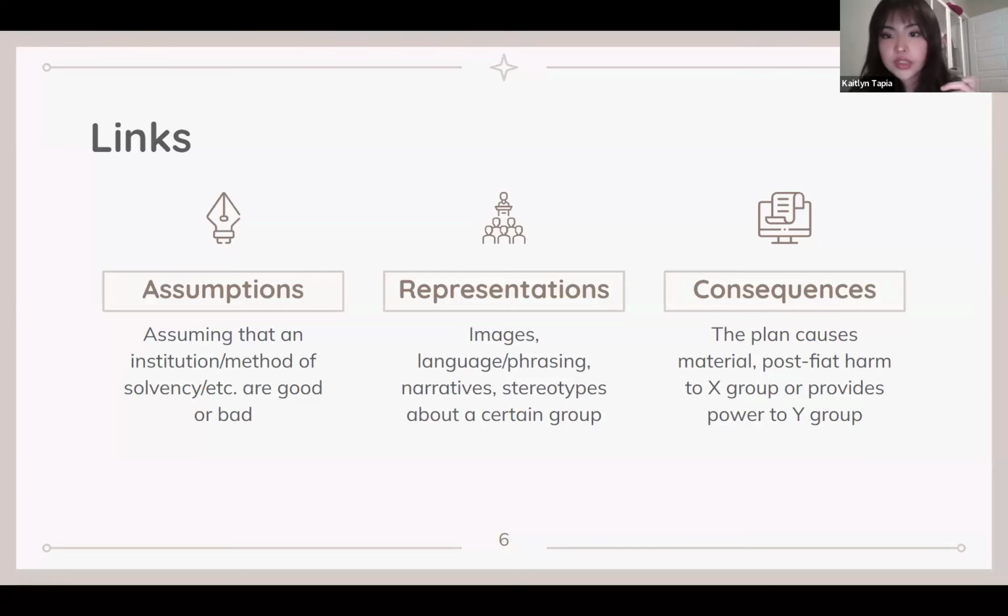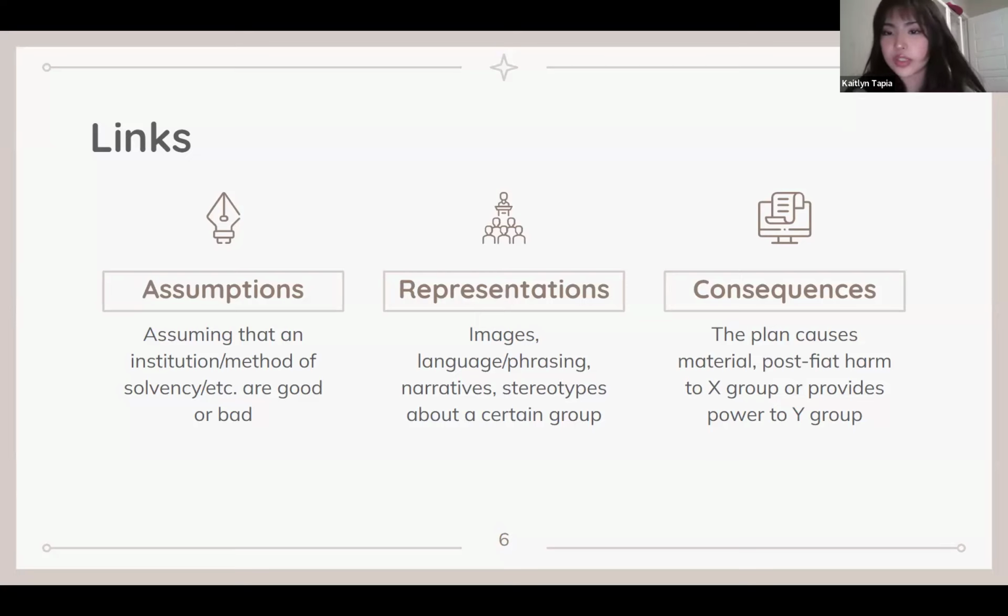Last is consequences. So critiques can actually link off of consequences as well. It is not necessarily entirely pre-fiat, but the negative can say that the plan will cause material harm in the world of the affirmative, which is fiated, right? That's in the hypothetical world. And that causes harm to a specific group of people, or it feeds into a theory of power that the critique has outlined, which reproduces a form of violence that is at the root cause of the affirmative's impacts, right?